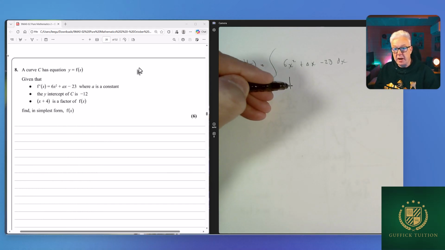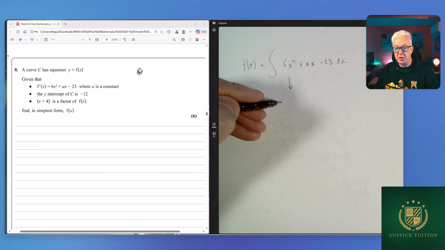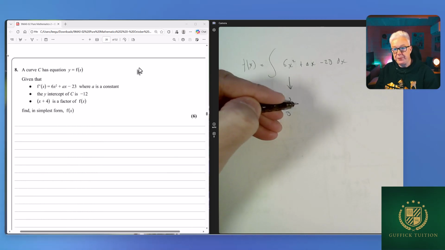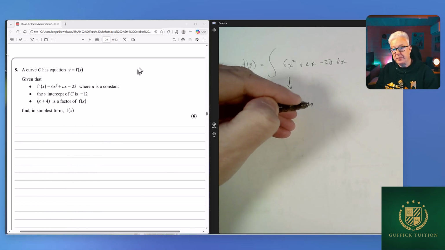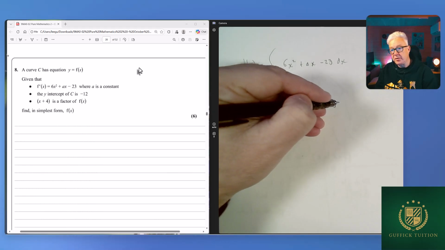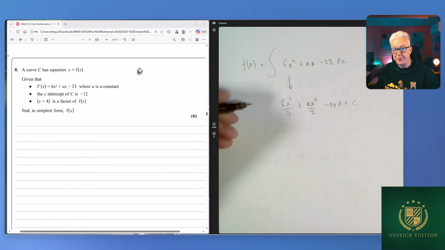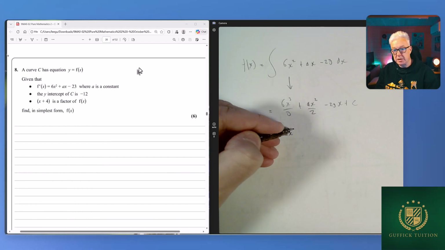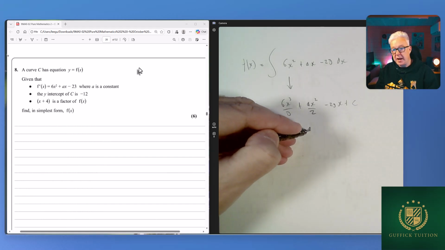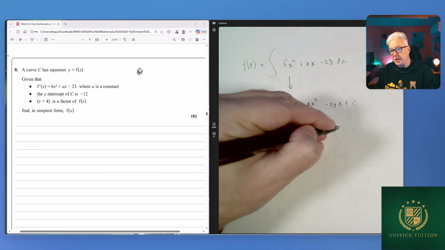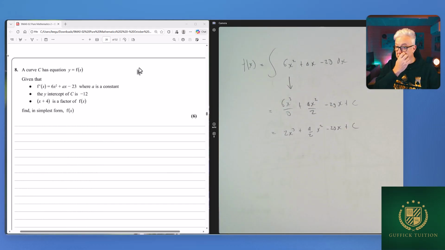When we integrate, we raise the power by 1 and divide by the new power, so that's going to be 6x cubed over 3 plus ax squared over 2 minus 23x plus c. When we simplify that, it goes to 2x cubed plus a over 2 x squared minus 23x plus c. Fair enough, but we've still got two unknowns.